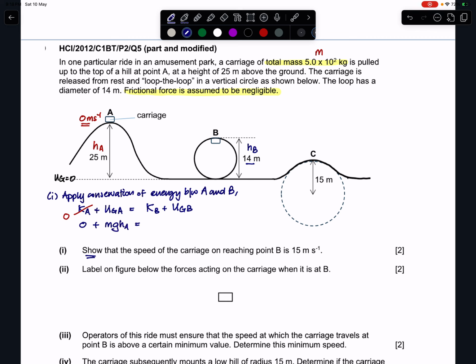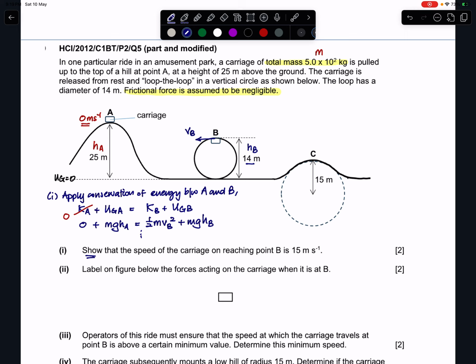Kinetic energy at B is what we want, because we want to find the speed at B. So we'll have half m vb squared plus mg hb. With this, you can substitute in your values, make vb the subject of the formula, and you should be able to solve for it.